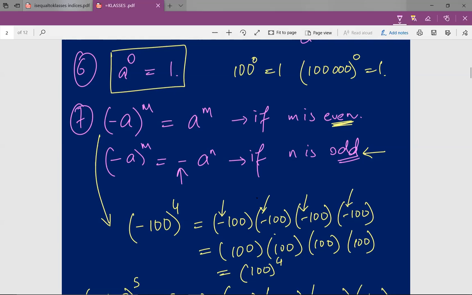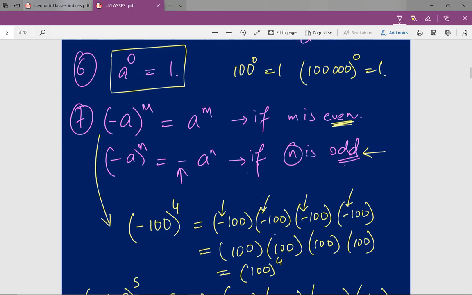This should be m. Okay, let me write this as, this is getting confusing, so let me write this as n. This should be n. Okay. So minus a raised to power some power, and if that power is odd, then the minus will remain outside.